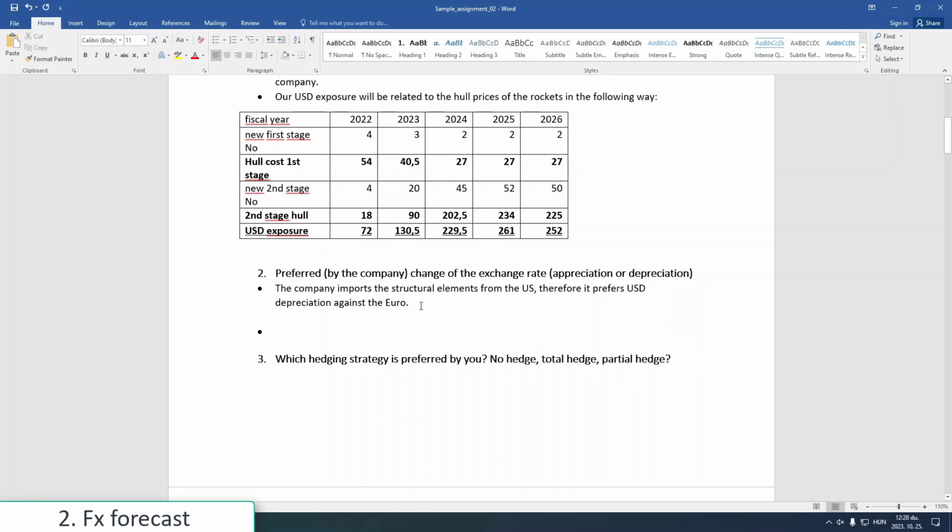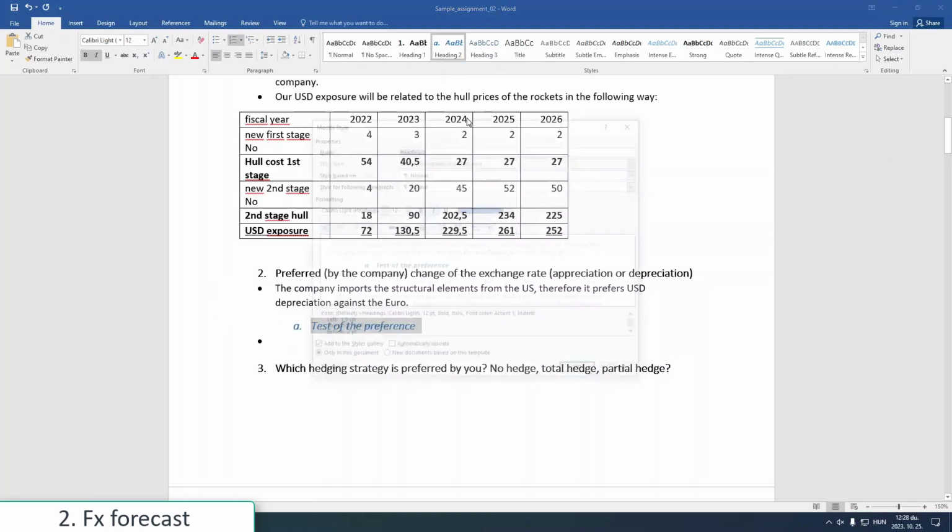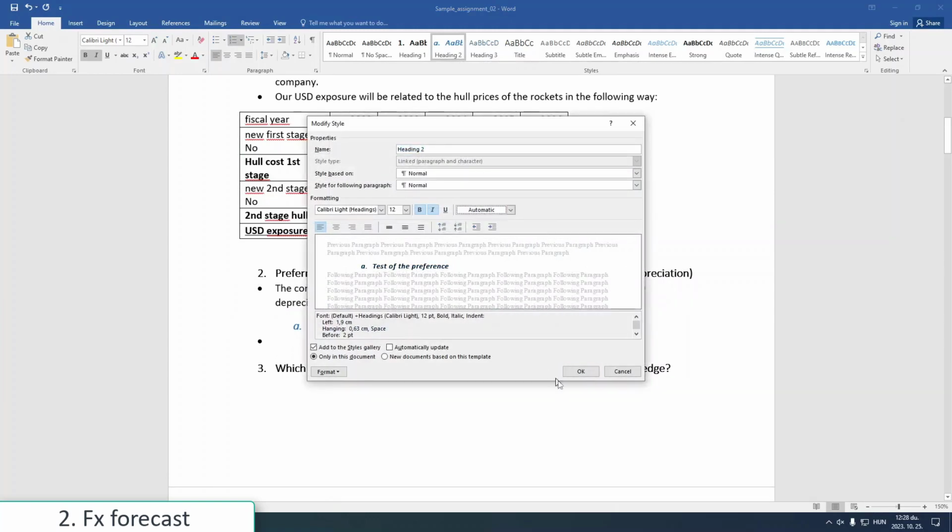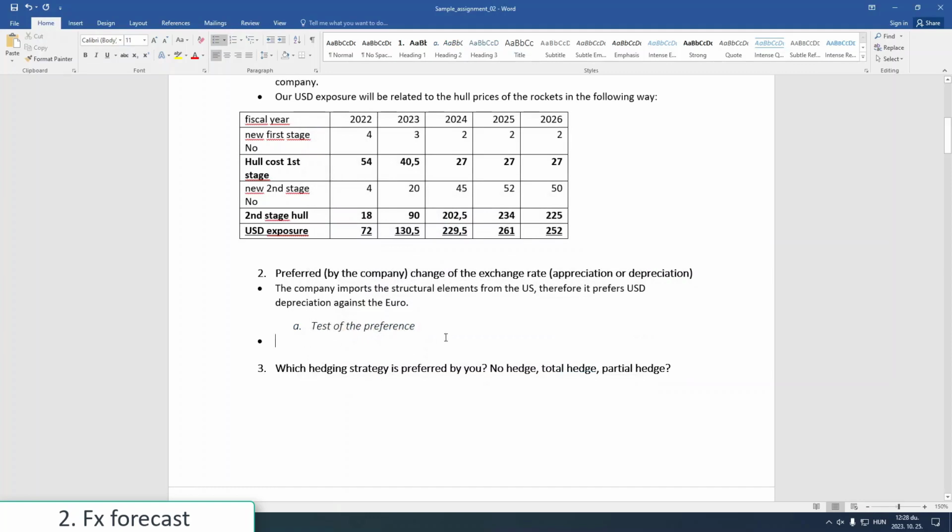So let's test this preference. By adding heading 2, let's make this heading 2 nicer. And this is where we can start to add the different approaches.